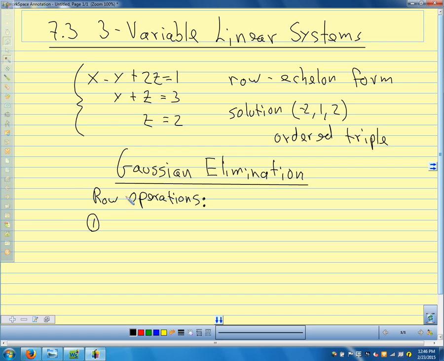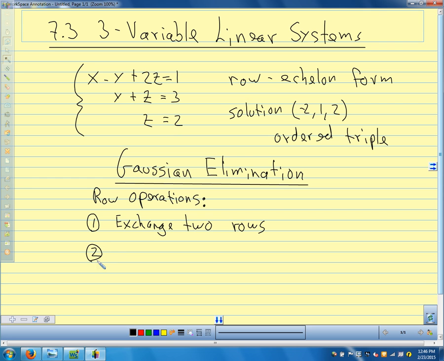So our row operations: we can exchange two rows. That doesn't change the solution. Sometimes it's more convenient to switch the order of your equations. So we can exchange two rows.